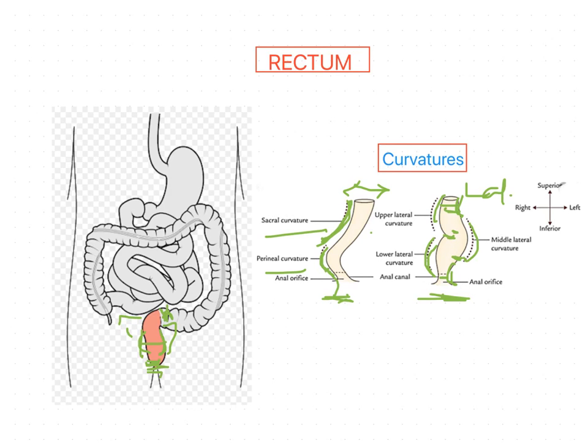They are semi-lunar in shape, along the concavity of the lateral curvatures. They serve to prevent the premature descent of the fecal mass.